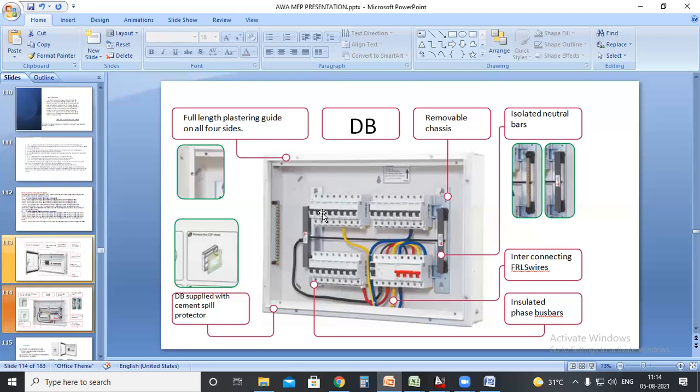How are we getting 230 volts? Because the incoming supply is 440 or 415 volts, but it is split here. R is going here, Y is going here, B is going here, and along with the neutral, the supply is taken out. So whenever you take the neutral and a phase together, meaning R and neutral alone, you will get only 230 volts.